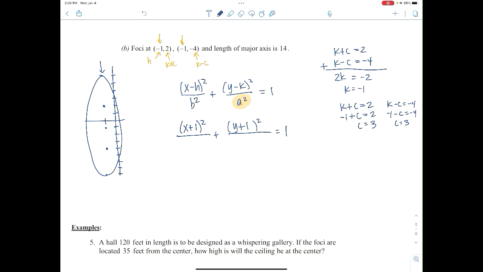Since this goes up 1, 2, 3, 4, 5, 6 to 6, our vertices are marked at -1, and then +6, and -8.